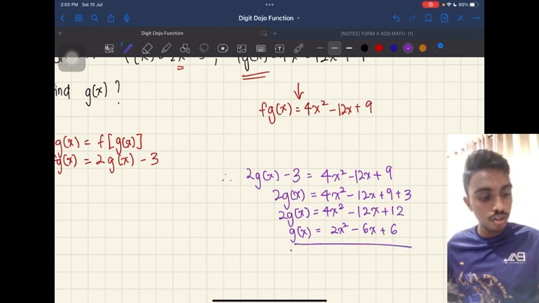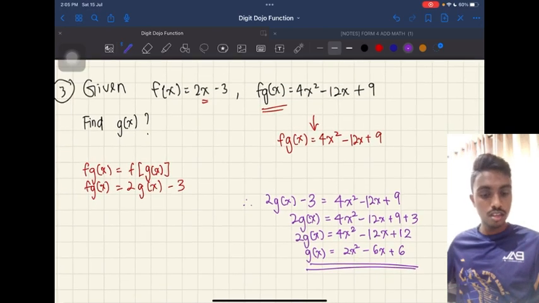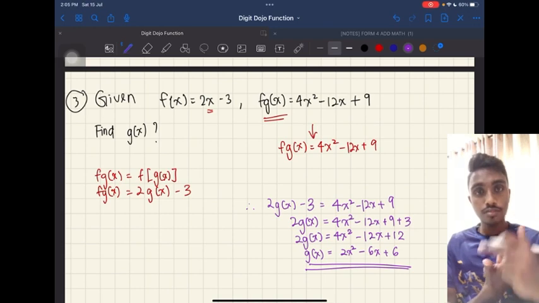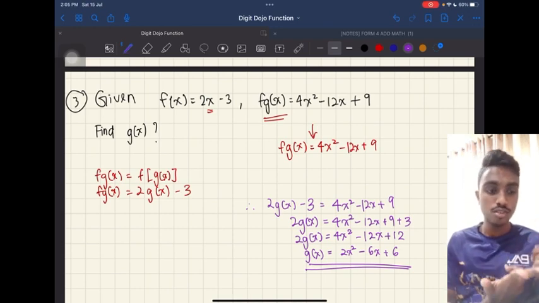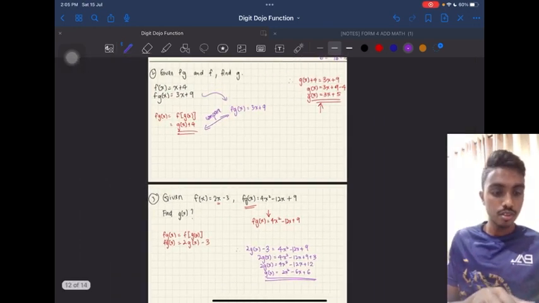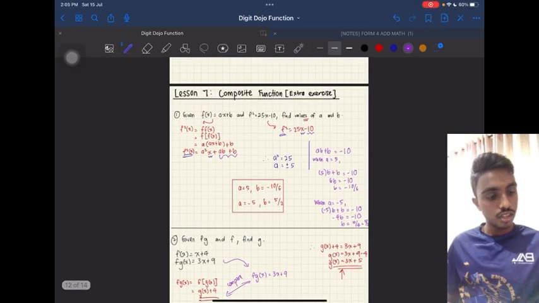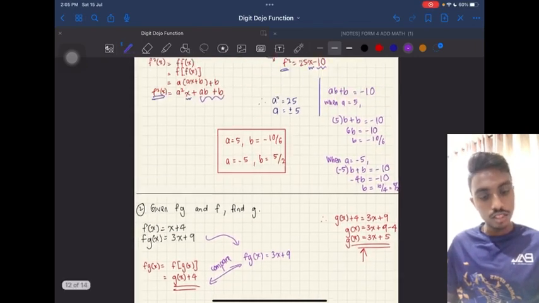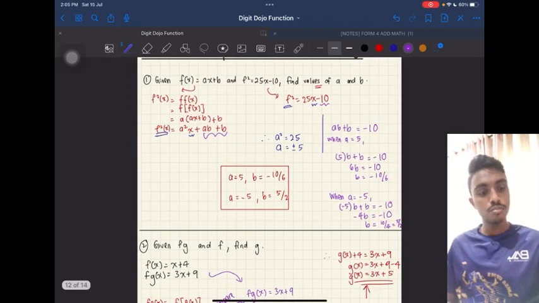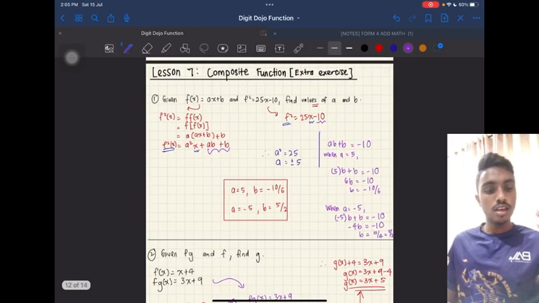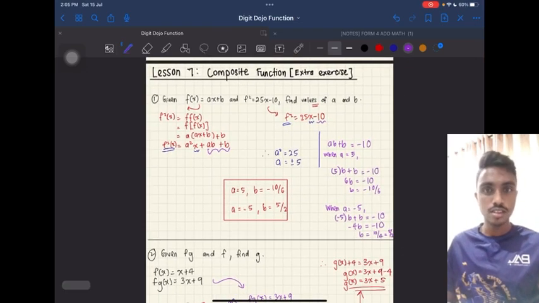Okay, this would be your g(x). So when you're given f(x) and fg(x), you can find your g(x), the other function. We have explained that with 3 questions. I hope you all understood this lesson, composite functions with extra exercises.